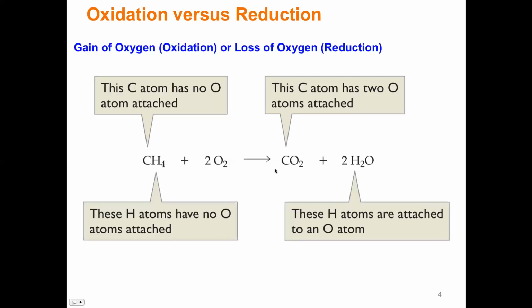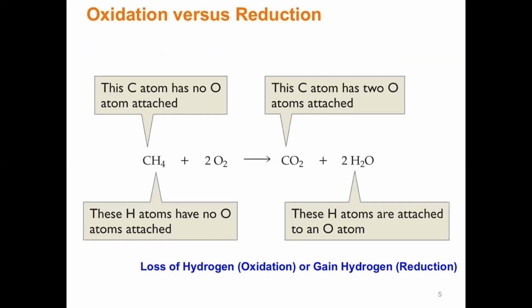Now on the other side, you could see the loss of hydrogen or the gain of hydrogen. Here you can see this carbon has lost its hydrogen as it became CO2, so that one has been oxidized.